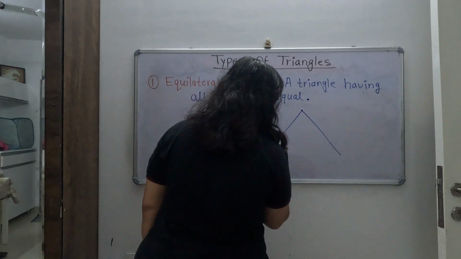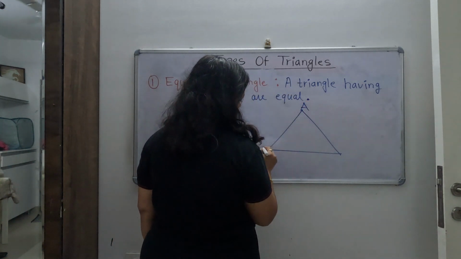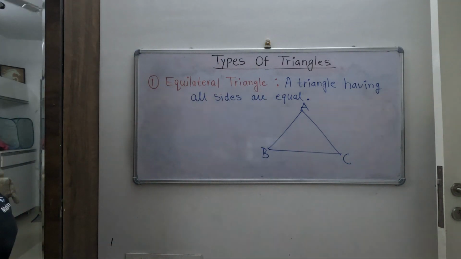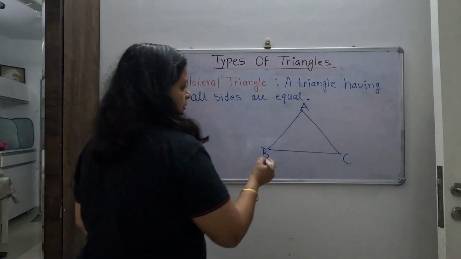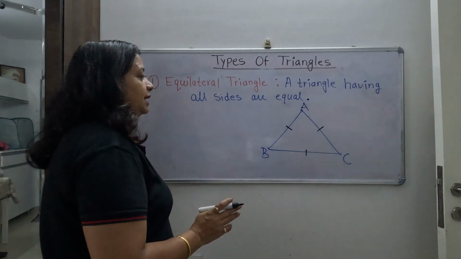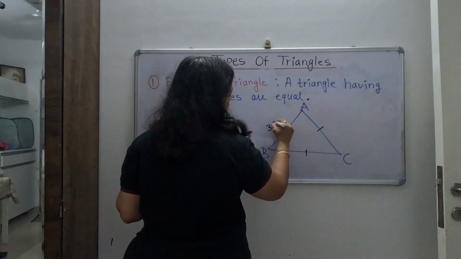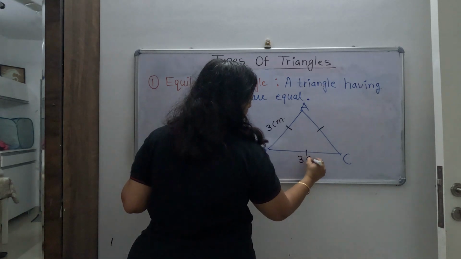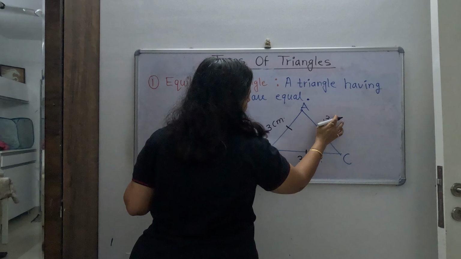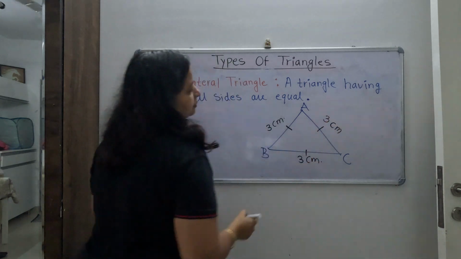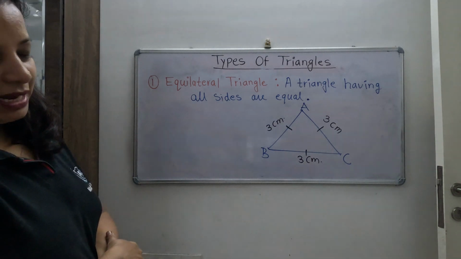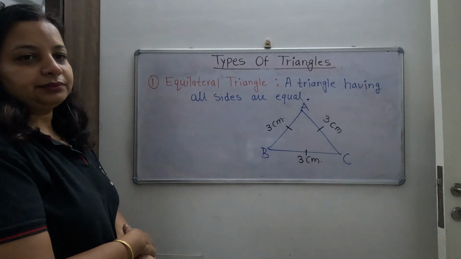This is the triangle ABC. What is the property of the triangle? All three sides are equal: AB, BC and AC. For example, if AB is 3 centimeters, BC is also 3 centimeters and AC is 3 centimeters. So a triangle having all sides equal we call an equilateral triangle.